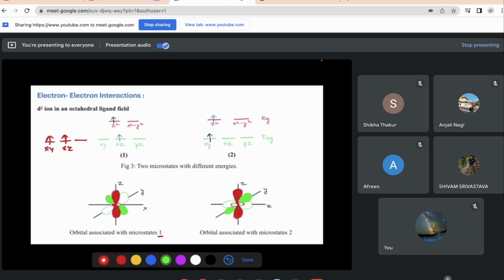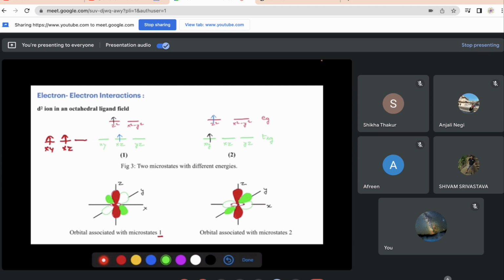So the complex will absorb different wavelengths of light to depict these transitions, and this is in contrast to what ligand field theory predicts. To find out the total number of absorption bands, we have to predict the total possible microstates for the D2 ion configuration, for example the one that we have taken.